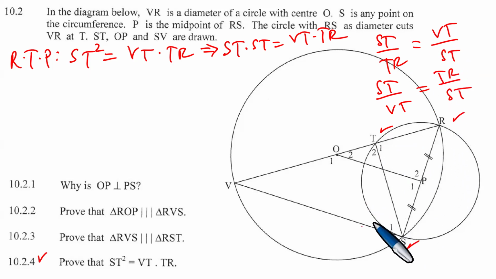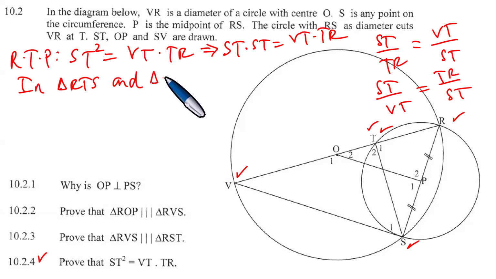And then now you have VT over ST. Or you take ST over VT is equal to TR over ST. Anyway, in either case, you can see that we're going to work in triangle RTS and triangle STV.